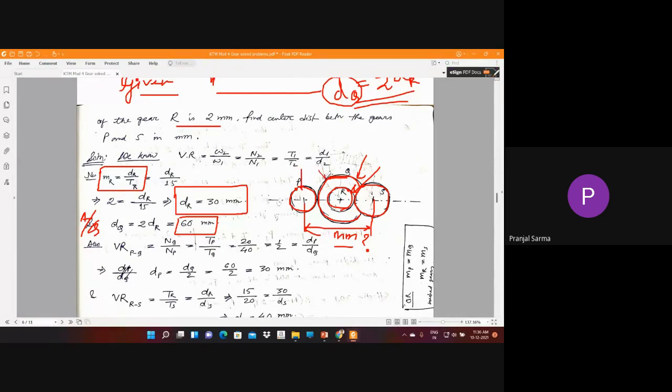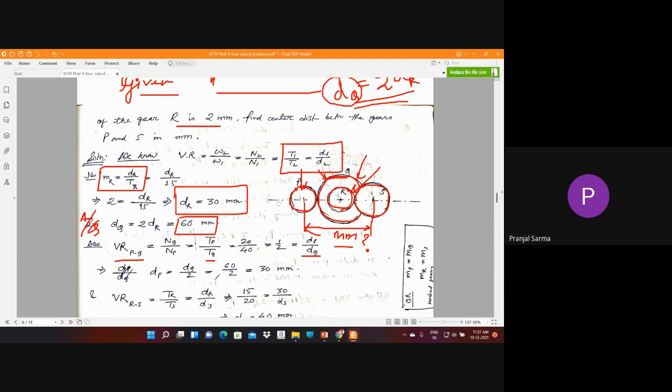Considering this particular pair, P and Q, we can write the velocity ratio as N of Q divided by N of P, or in terms of the number of teeth, in the reverse ratio, T of P divided by T of Q. TP and TQ are given as 20 and 40, so 20 by 40 is nothing but half, which in terms of diameter is equal to dp by dq, because we know the ratio t1 by t2 can be written as d1 by d2 also.